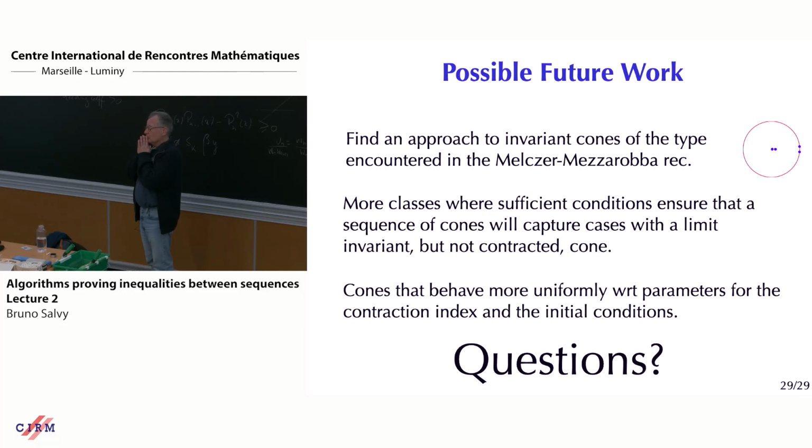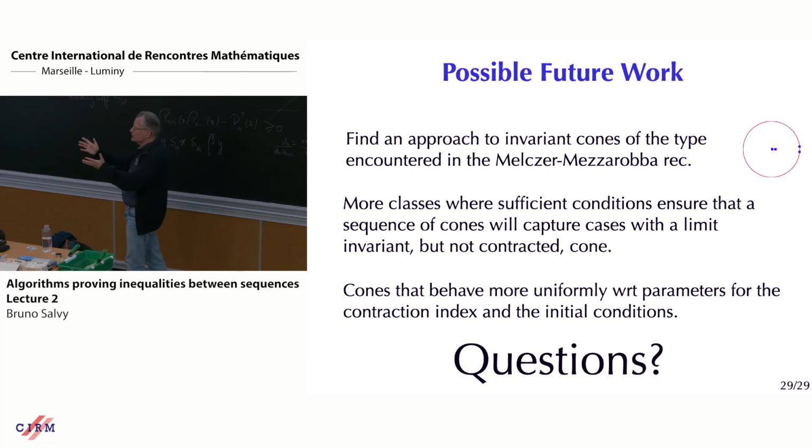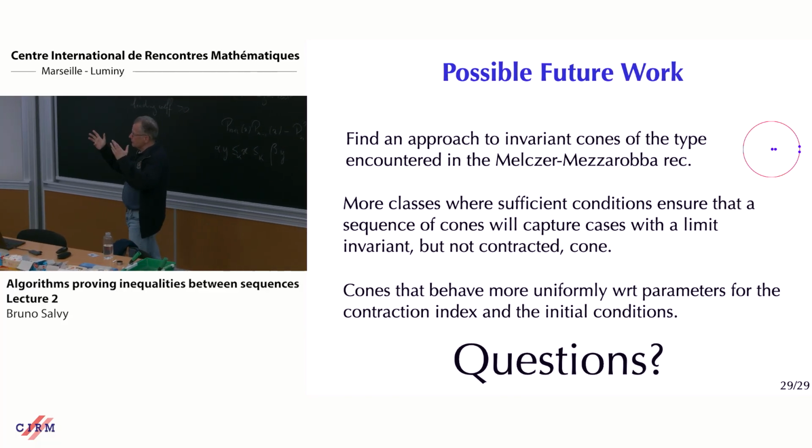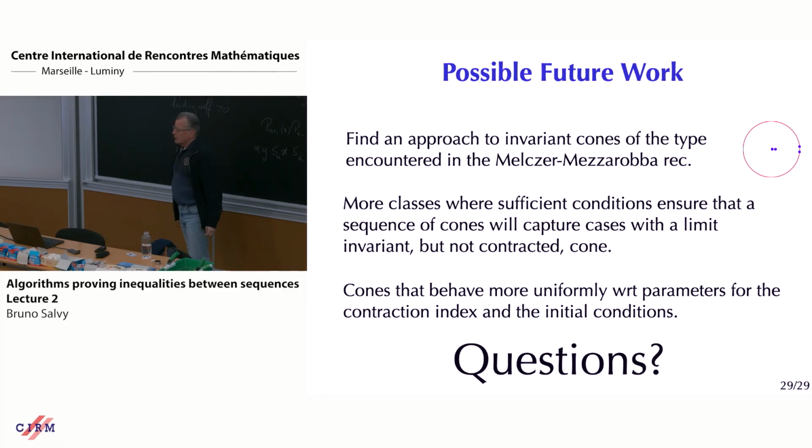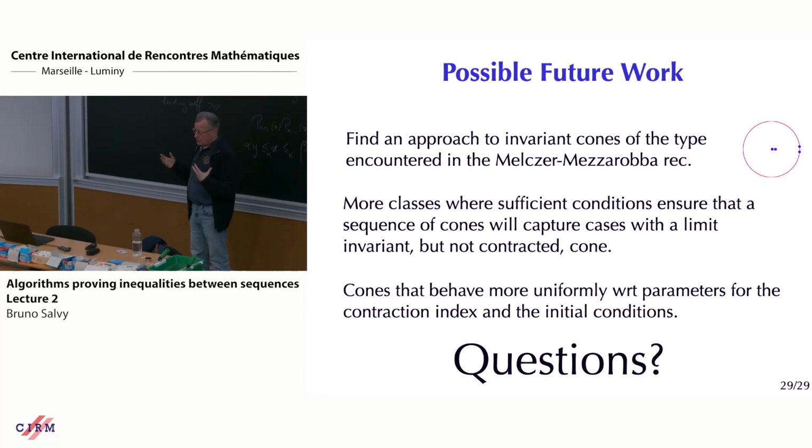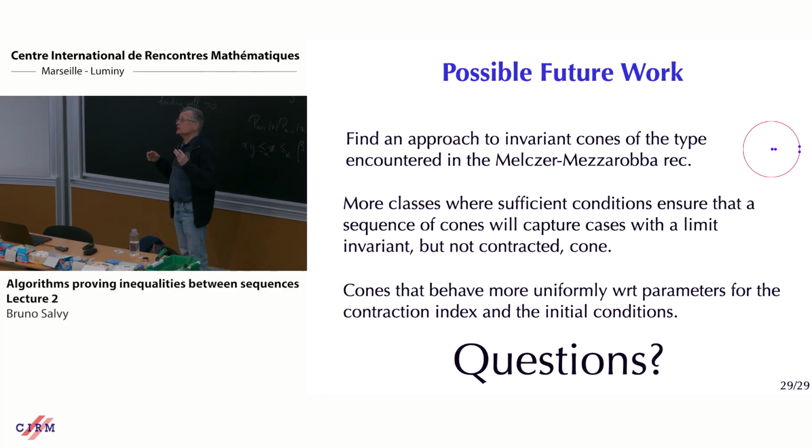It's true that the way I presented things, it looks more like a method than like an algorithm, because currently we don't have a clear understanding of what would be the best cone to make the method work. What we have are basic choices of cones that work. We take the Van der Graaf cones; it's easy to see that it works.